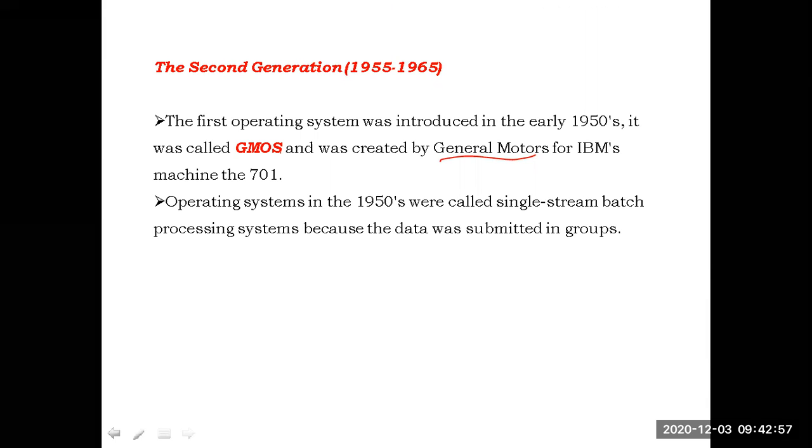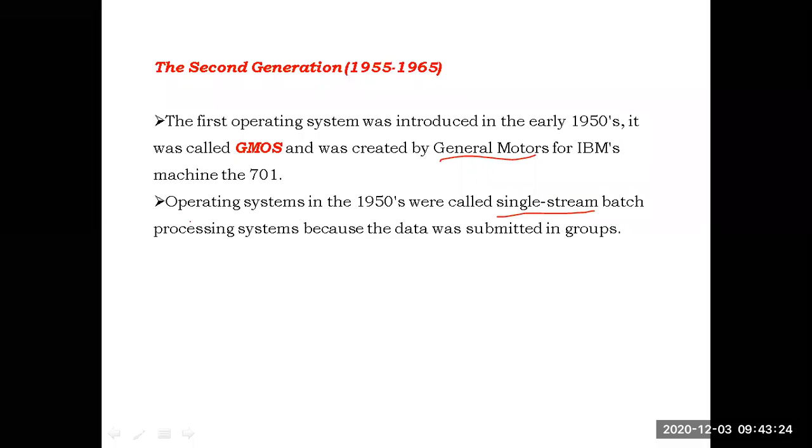Operating systems in the 1950s were called single stream batch processing systems. Why? Because at that time, the jobs were given to the computers in the form of batches.